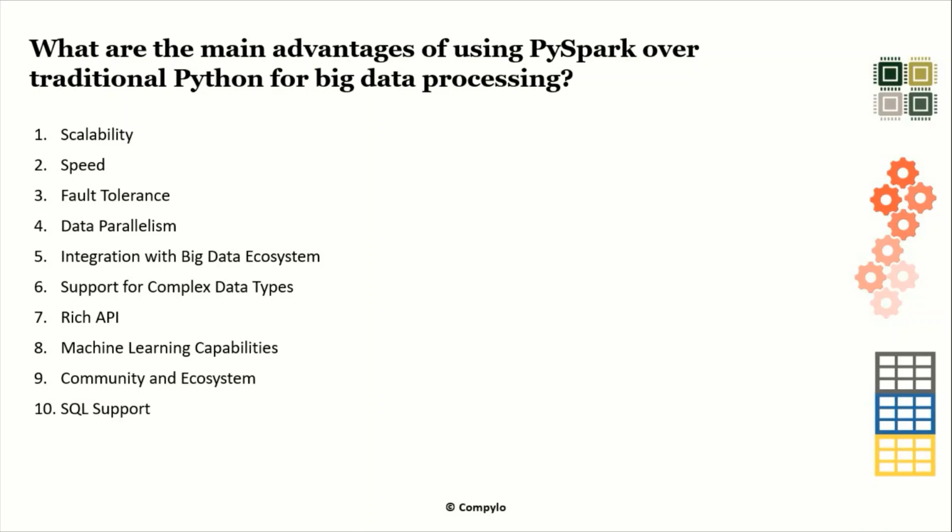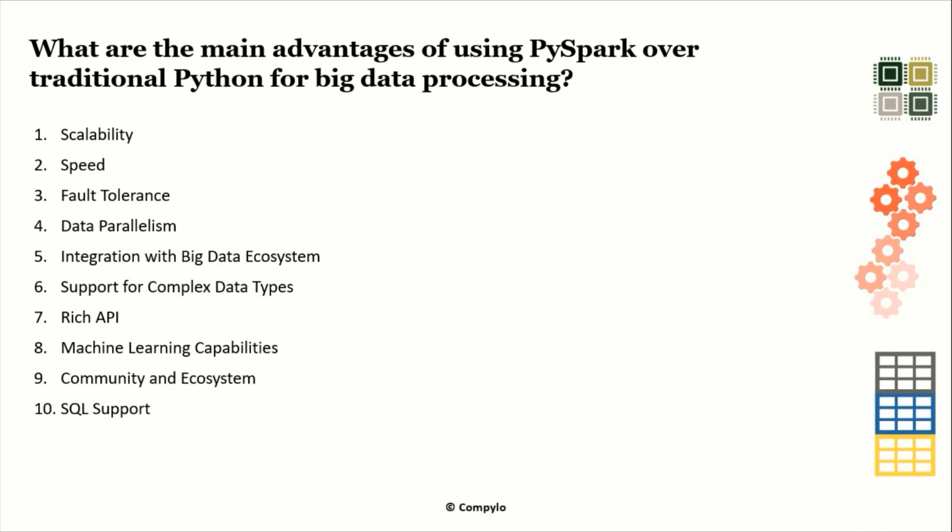Fifth point is integration with the big data ecosystem. PySpark integrates well with other big data tools like Hadoop, Hive, and Kafka, allowing for a seamless data pipeline and processing workflow. Next point is support for complex data types.